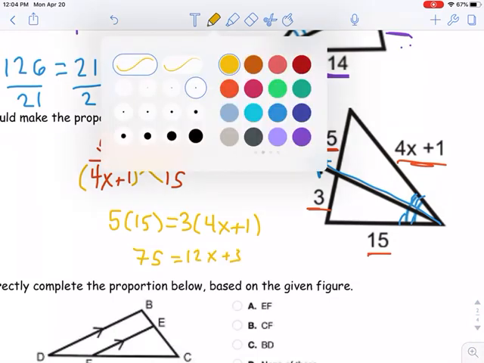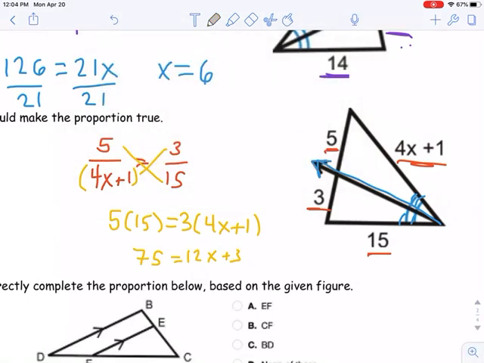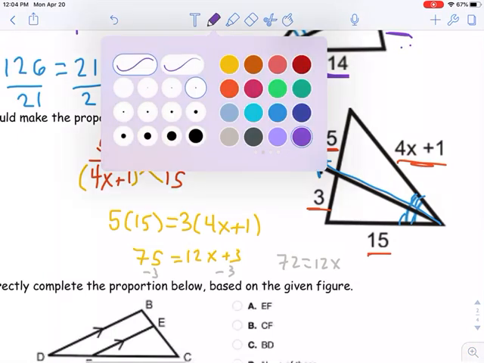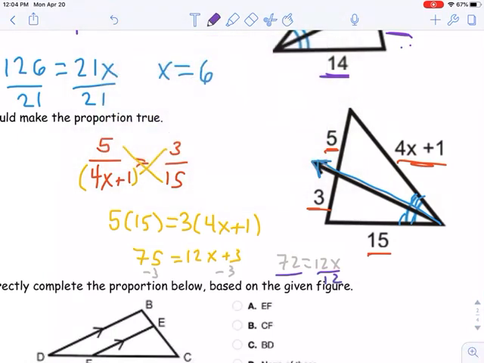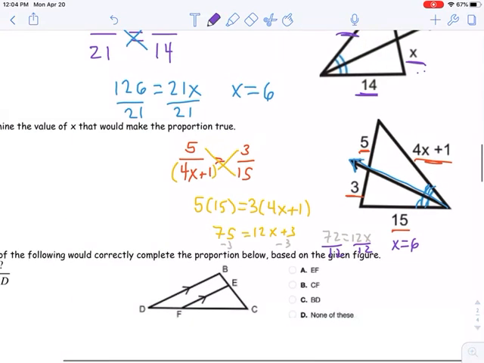Then we're going to subtract 3 from both sides, and we're going to get 72 equals 12x. Divide by 12, and we got x equals 6 again. 6 seems to be a popular answer right now.